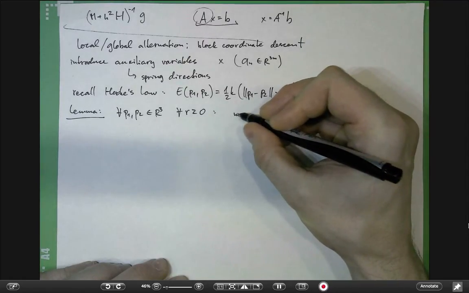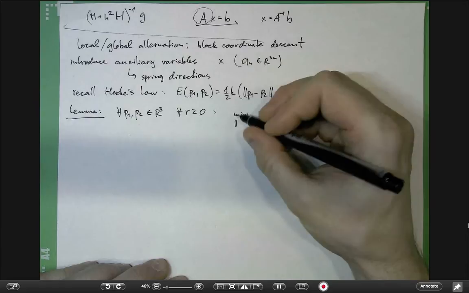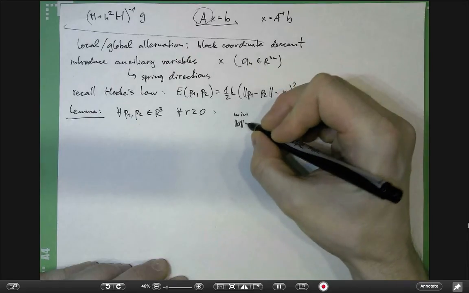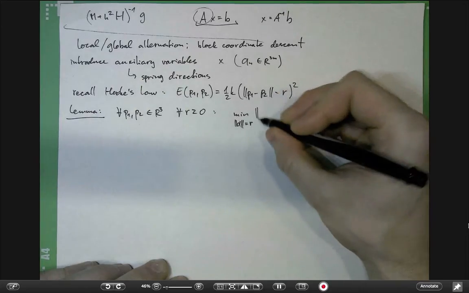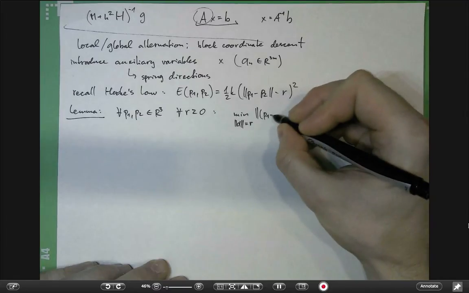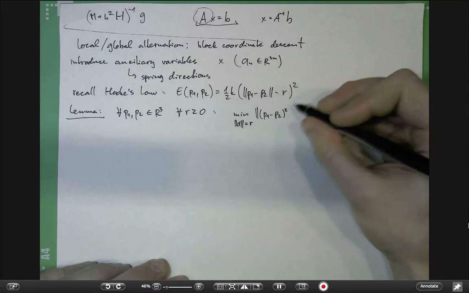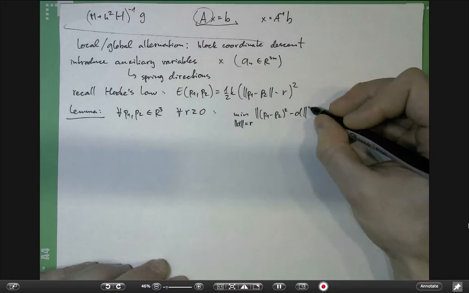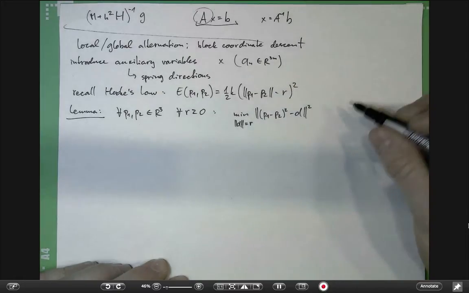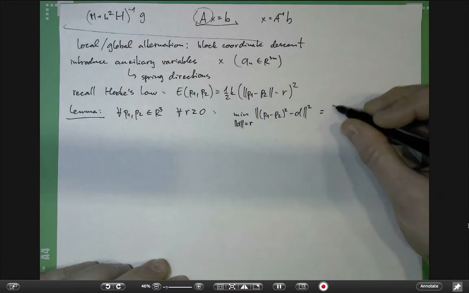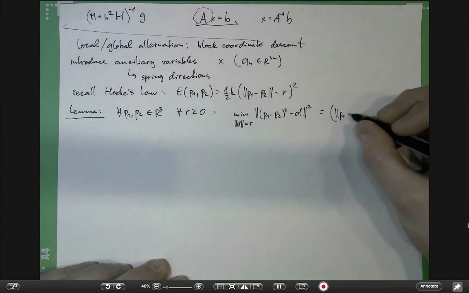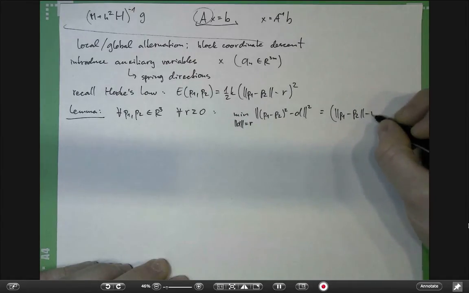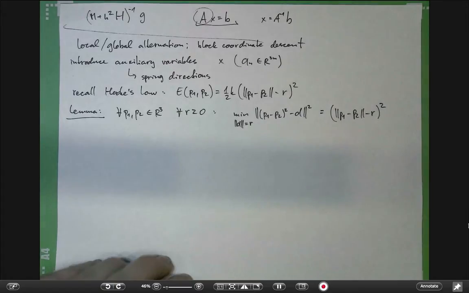if I compute the minimum of this optimization problem, so we write it down and then I'll explain it, of P1 minus P2 squared minus D squared, so this minimum is exactly P1 minus P2 minus R squared.